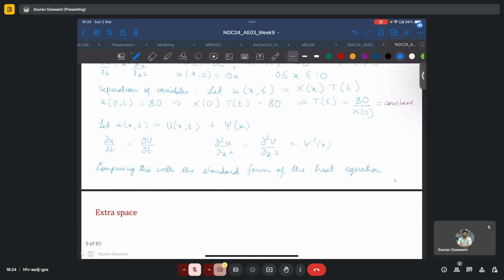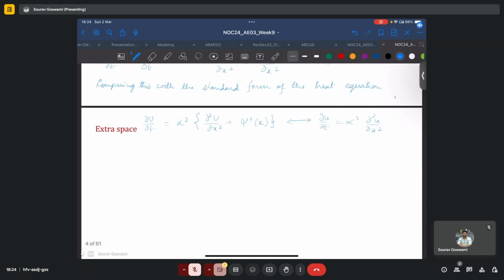So here what is given to us is simply ∂U/∂t is equal to alpha squared times ∂²U/∂x² plus psi double prime of x. And let us see how this compares with the usual form, which is simply ∂u/∂t equals alpha squared ∂²u/∂x². So this psi double prime x term appears to be extra.